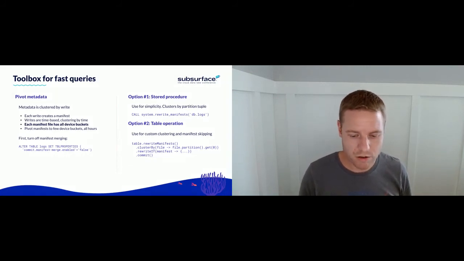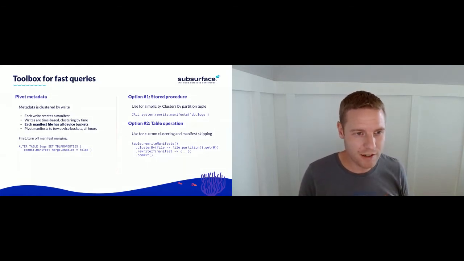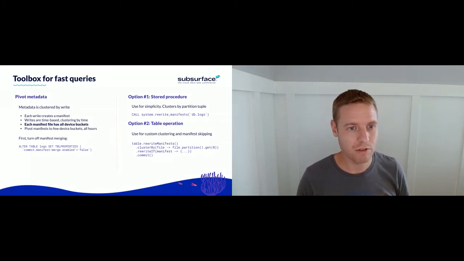So what if we could change how we wrote out the metadata in the table so that we're grouping the data files by bucket and then using that to eliminate even reading manifest files that track data files? And that's the secret to Iceberg here, making these queries really, really fast.